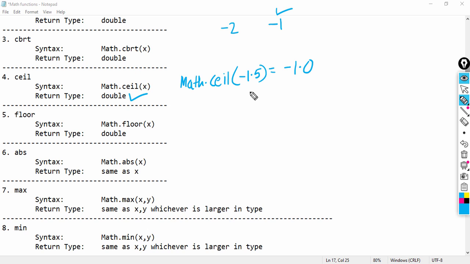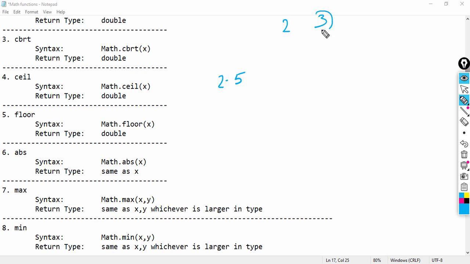Similarly, if you want to find the ceil value of 1.1, it comes between 1 and 2. The bigger number is 2. So the answer will be 2. Let's take another number, 2.5. 2.5 comes between 2 and 3.